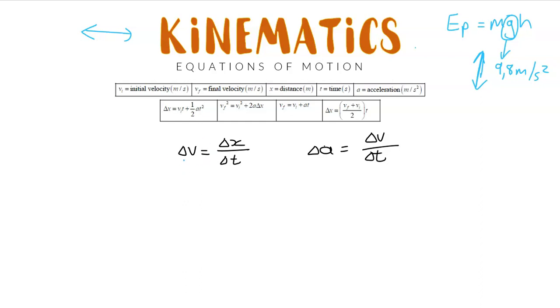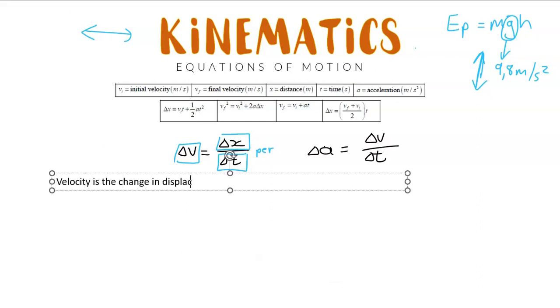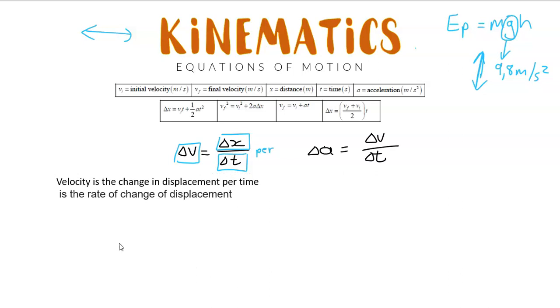If we just look at velocity first, velocity is the change in displacement per time. So if we take the formula just as it is over there, we can say that velocity is the change in displacement per time. But a more elegant way is to say that velocity is the rate of change of displacement.